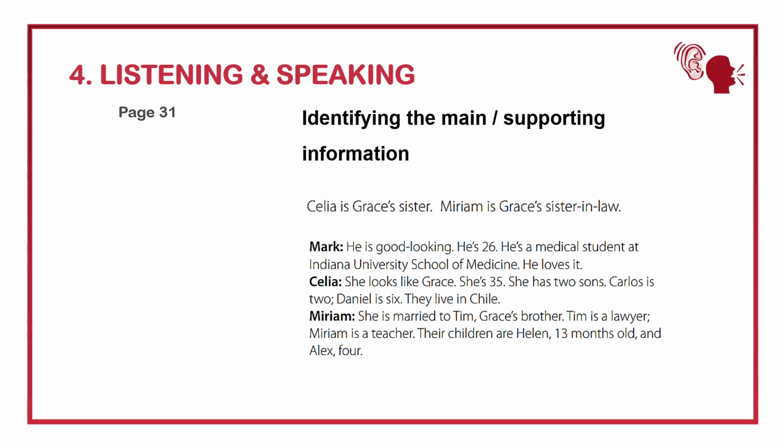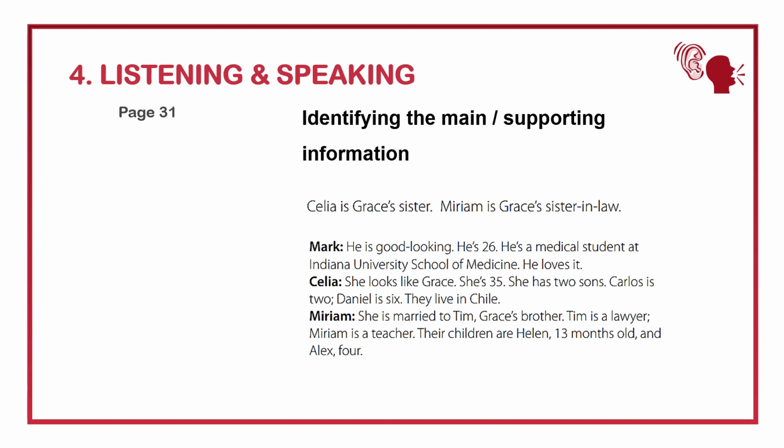She has 2 sons. Carlos is 2. Daniel is 6. They are her sons. And they live in Chile. And about Miriam, she's married to Tim, Grace's brother. Tim is a lawyer. Miriam is a teacher. Their children are Helen, who is 13 months old, and Alex, who is 4.